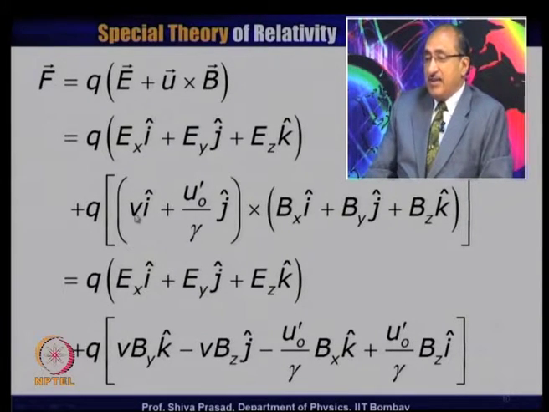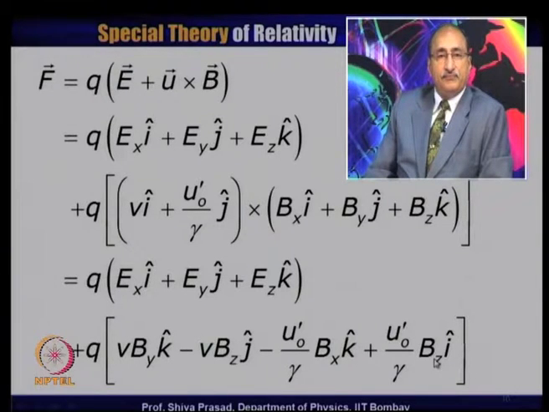Therefore, I write this as minus V Bz j. Now, I take the cross product of the second term, j cross i will give minus k. So, there is a minus sign here, minus u naught prime by gamma Bx k. j cross j will give me 0, j cross k will give me i. So, therefore, plus u naught prime divided by gamma multiplied by Bz i.